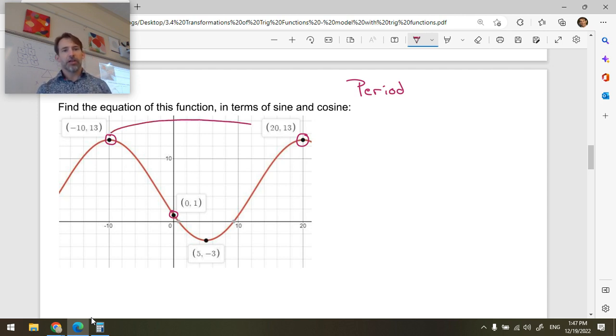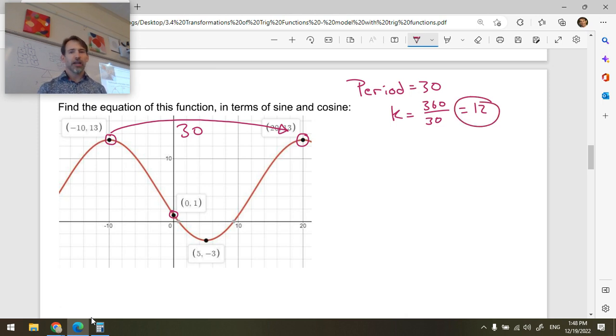So this is 30 x values. So the period equals 30. So what does k equal? K equals 360 divided by the period, which equals 12. So there's k. Cool. All right, now find for me the amplitude.